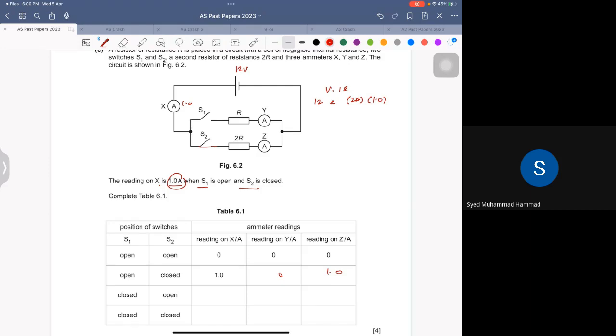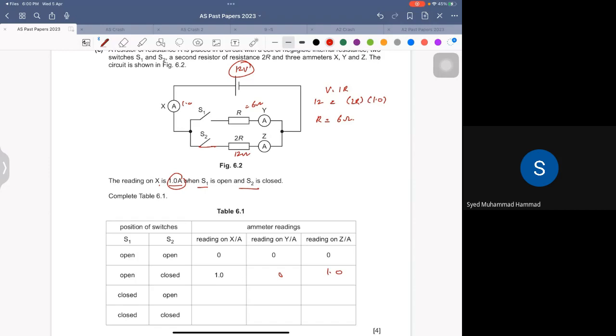So 2R is 12, so R comes out to be 6 ohms. Do you agree? So this R is 6 ohms and this R is 12 ohms, according to the voltage that I've assumed. It doesn't really matter, the current ratio will be the same still.